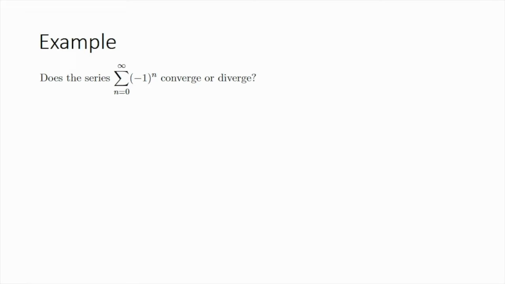So in this example, we have a simple series and a simple question. Does this series converge or diverge? For a start, it will be useful to write down what this series is.